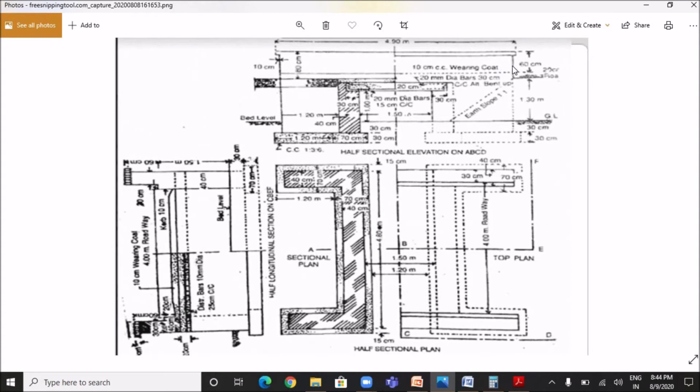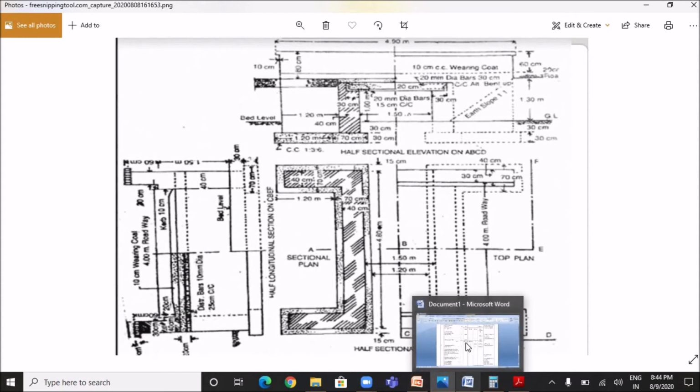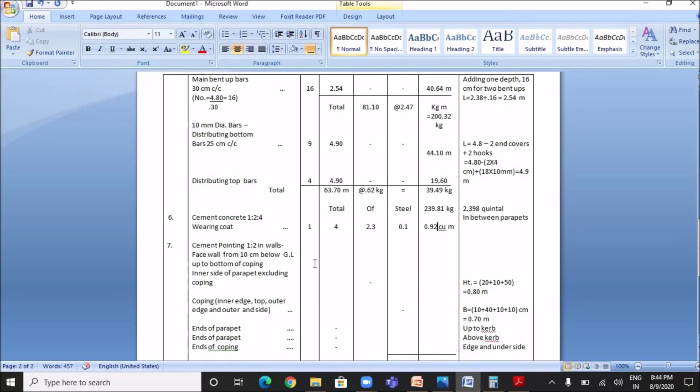And the number will be 2 because from the front we are seeing the front view, so we are seeing only one face over here. On the back side there is another face, so there are 2 faces. So we are going to write here 2 number of faces. The length is 4.7 meter.